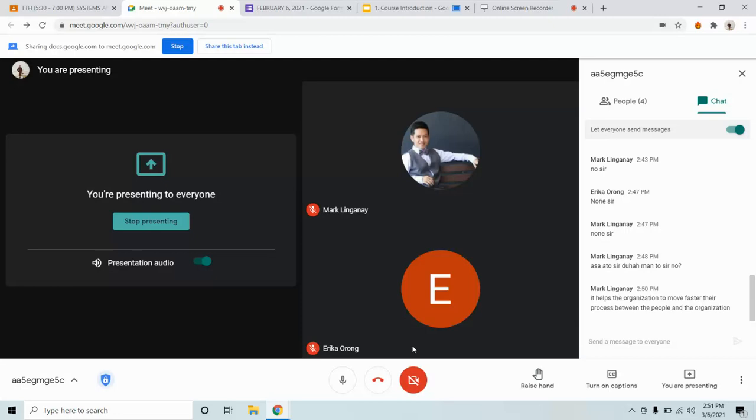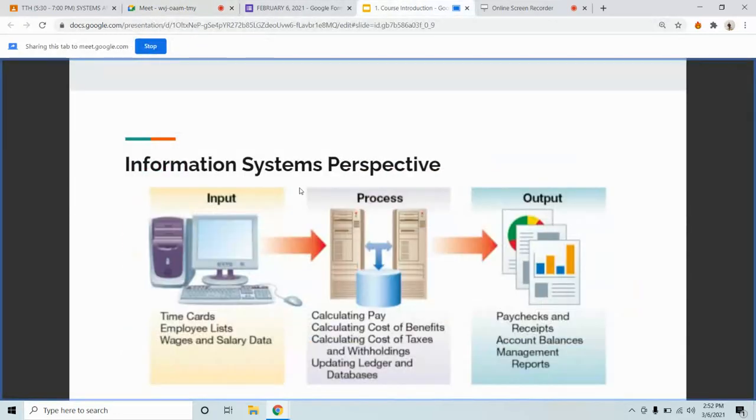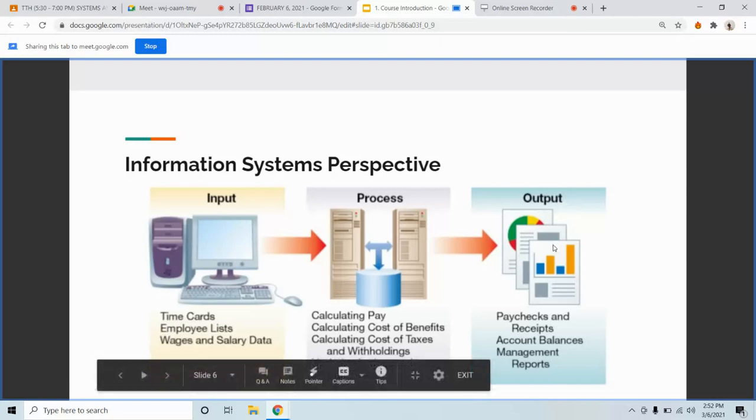Because obviously, if the organization is large, then processing transactions manually will require so much more time compared to using an automated alternative. And that's why we need to use information systems. And also because of its feature, which is able to produce output, and outputs are in the form of reports. Okay, so automated na siya.